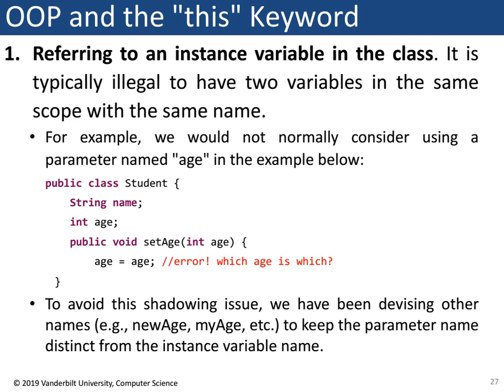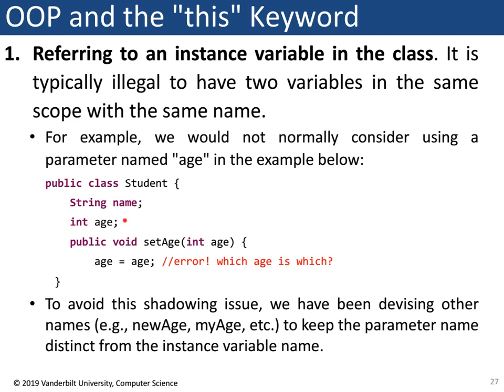Well, this is called shadowing. What's occurring when we do this is Java has a preference order. It will assume we're referring to the most specific scope.